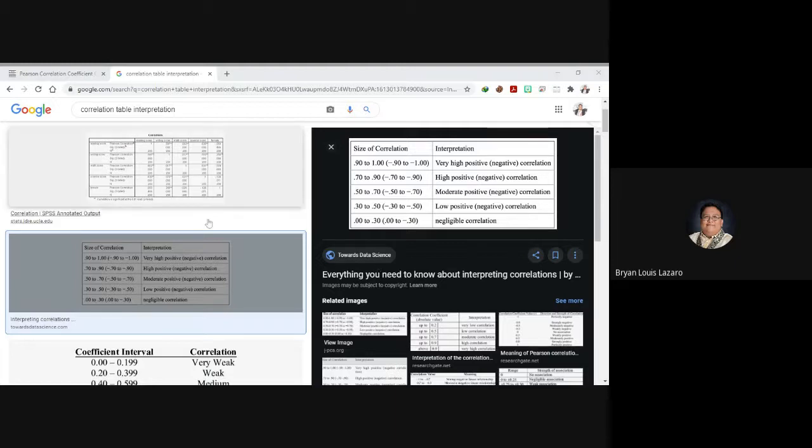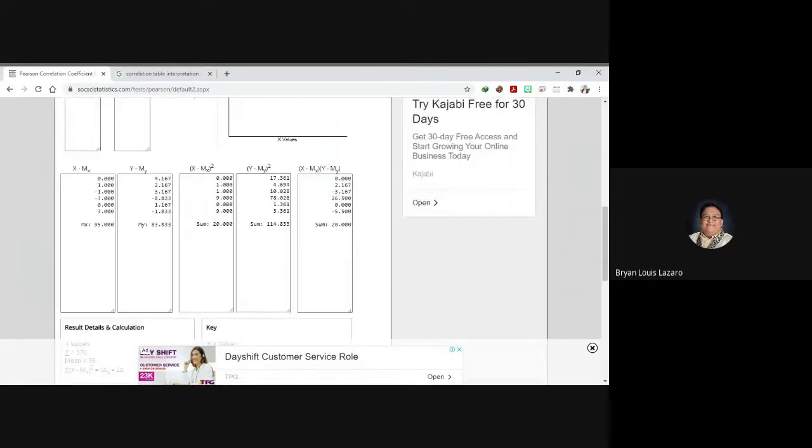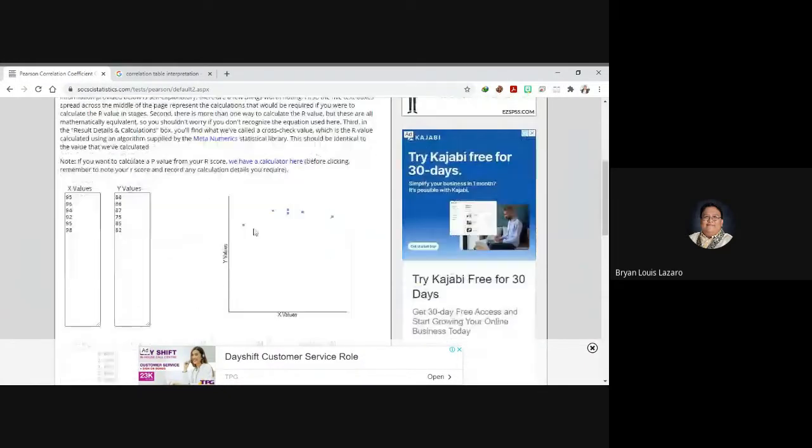Okay? Kung baga sa scatter plot natin kanina na pinakita ko dito, ito kasi nasa taas eh. Bababa yan. Pababa. Okay? So, yun yung negative correlation. Malinaw ba tayo doon?